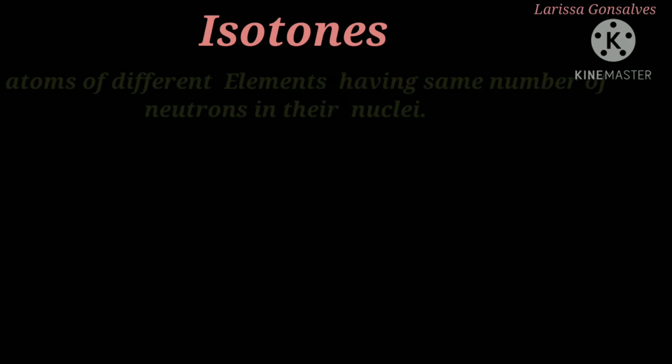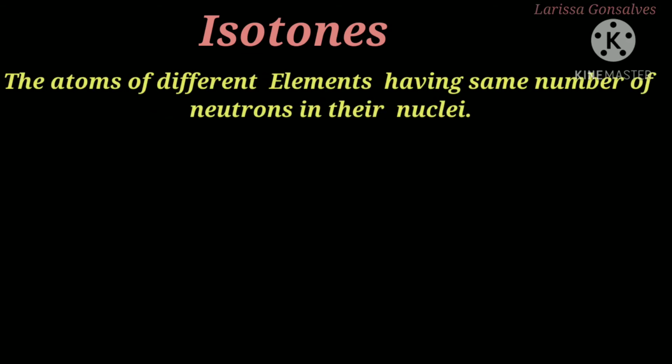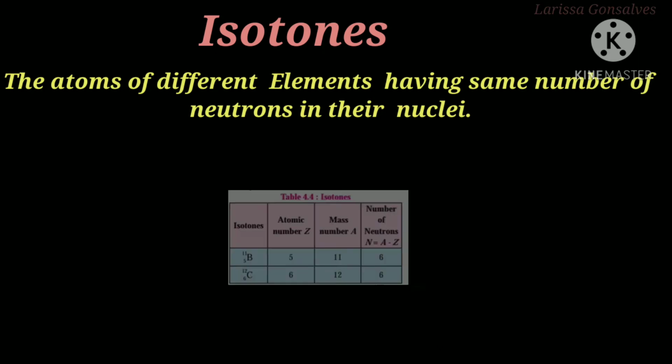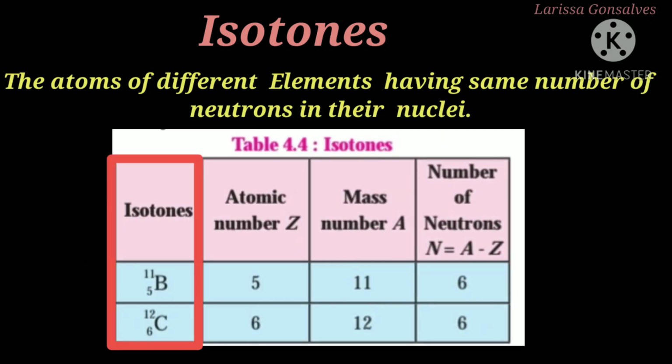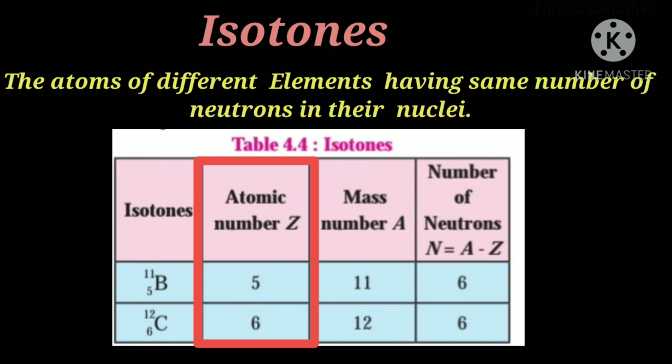The next concept is the isotones. The definition of isotones is the atoms of different elements that have the same number of neutrons in their nuclei. Here we are taking the example of boron and carbon. If you look at the atomic number, which is represented by capital letter Z, for boron it is 5 and for carbon it is 6.